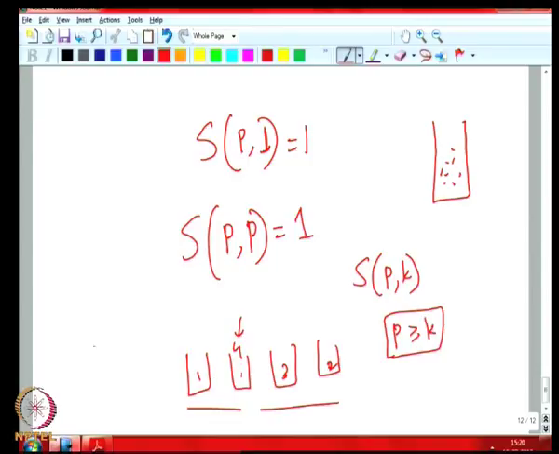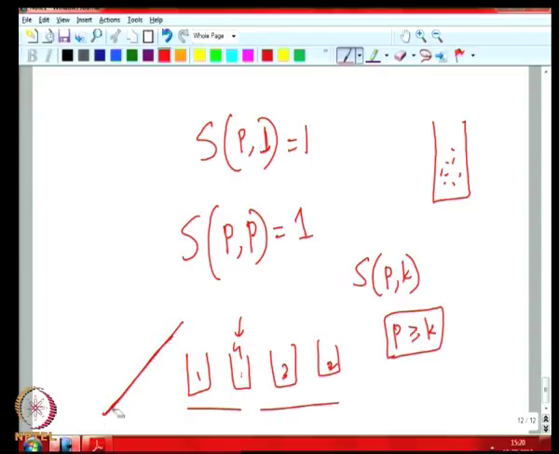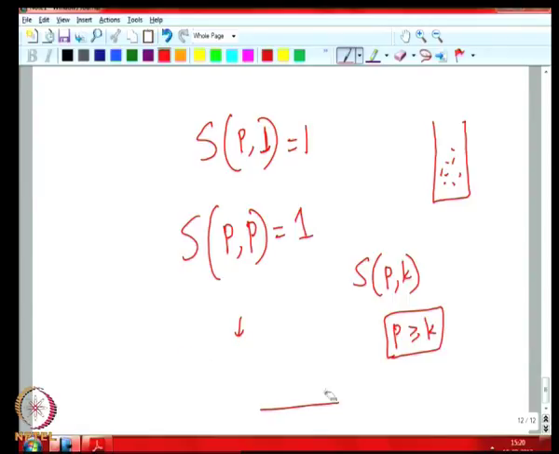As far as we are concerned, 1, 2, 3, 4 is partitioned into the subsets {1}, {2}, {3} and {4}. Whether you write this subset first or that subset first is unimportant. That is only one way of doing it. So S(P,P) has to be 1.